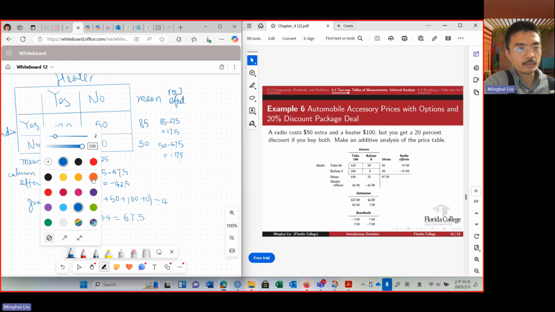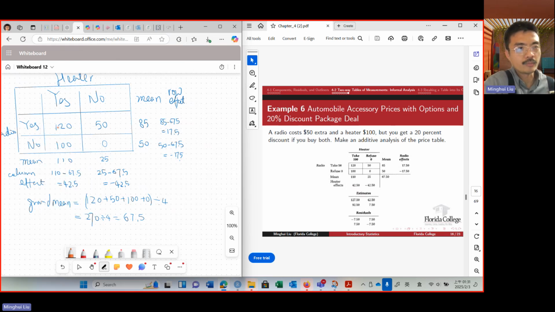I'm going to change my color a little bit. I'm going to use this nice orange color. Let's study this entry right here. Firstly, we're going to use an additive model to estimate. The estimate by the additive model works like this.